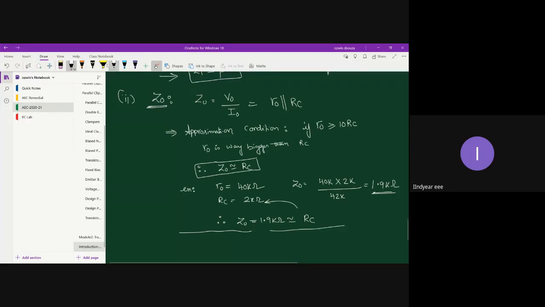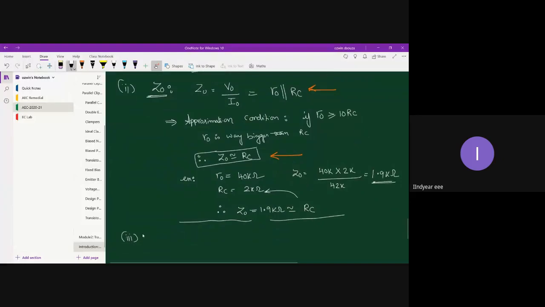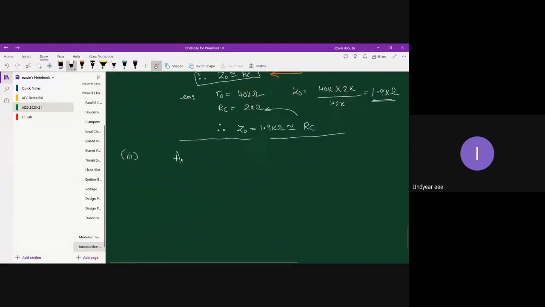So both the exact expression and the approximate expression we have derived. Next up, we have the voltage gain, AV. How do we find voltage gain AV? Voltage gain AV is found using the formula V0 by Vi.